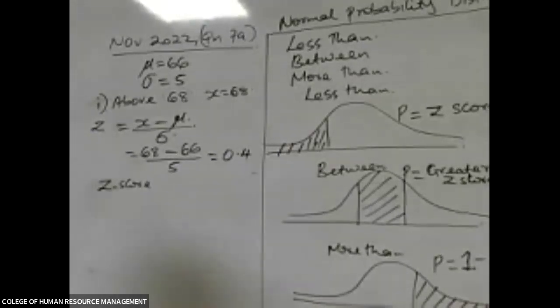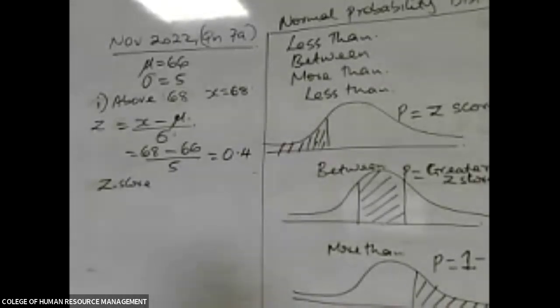Can you open that table? Those tables are two. We have those with negative and positive.